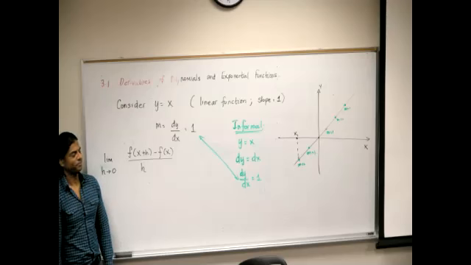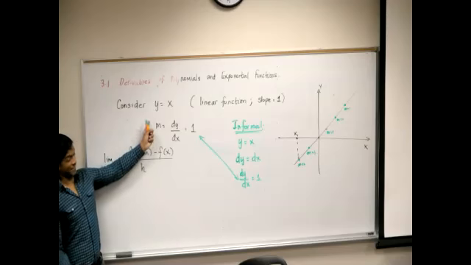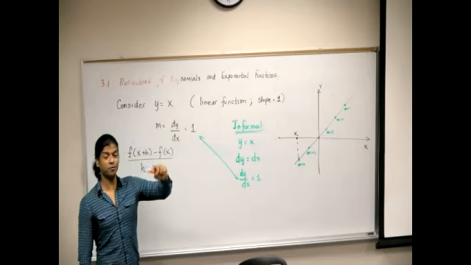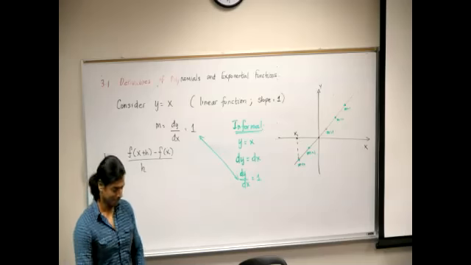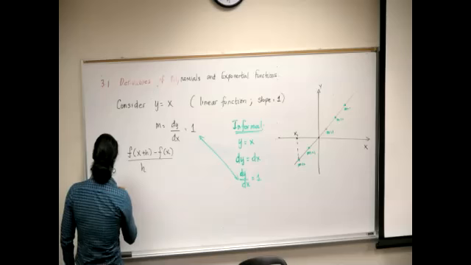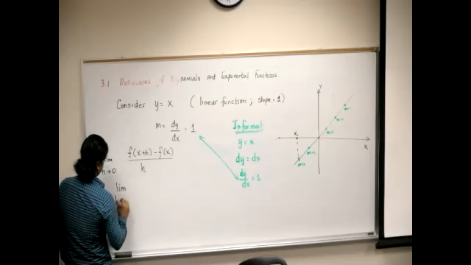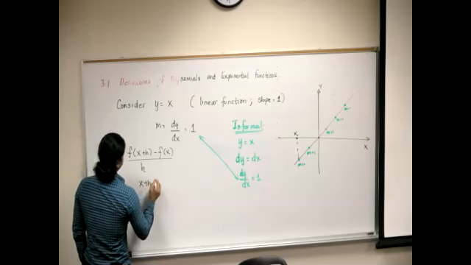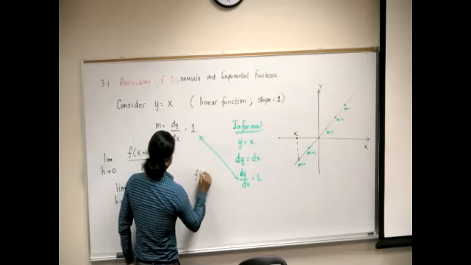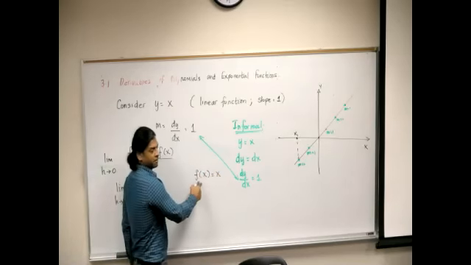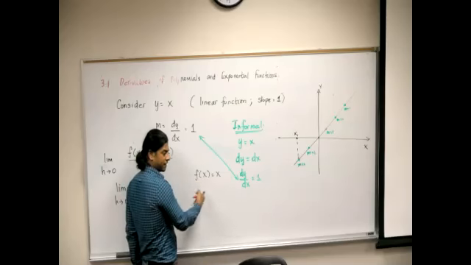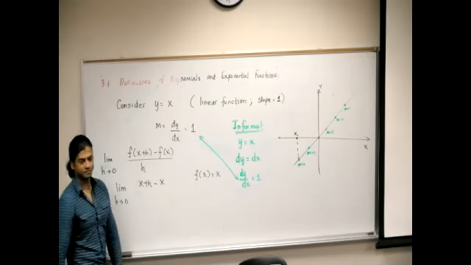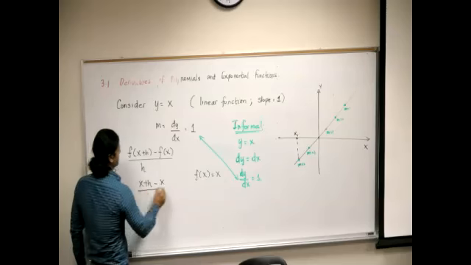If y, which is f of x, is equal to x, what is f of x plus h, James? X plus h. Replace x by x plus h, so we get x plus h minus x, divided by h.